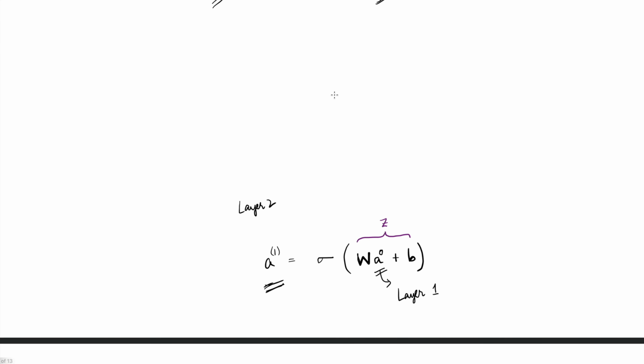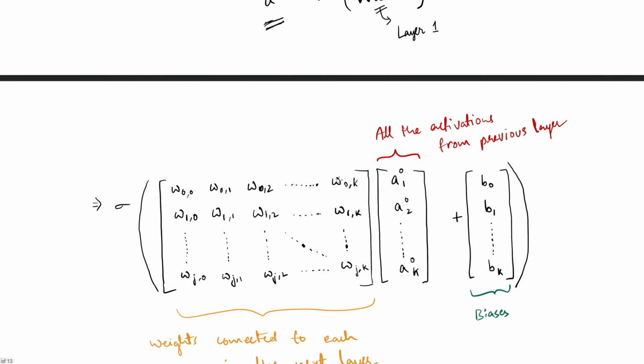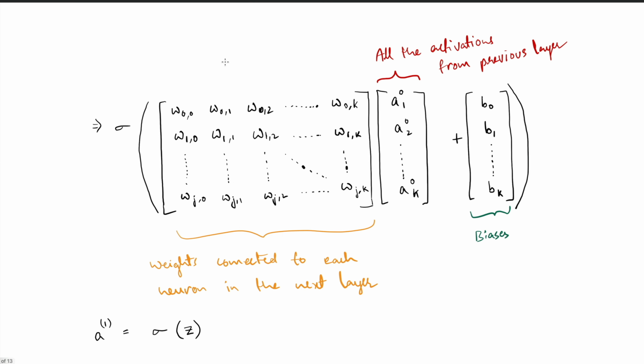Now, if we try to expand this, this is how it's going to look. This is the matrix W, which consists of all the weights from neurons in layer 1 to neurons in layer 2. This would be the vector A0, that is all the activations from layer 1. As you can see, the weighted sum is represented by a matrix dot product, and we are adding bias to the weighted sum.